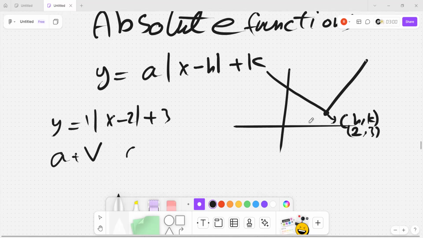If it's negative, it will open down. Another thing, a also represents the slope of the two lines. Here, a is 1, so the first line's slope is 1, and the second line's slope is negative 1. That's it.